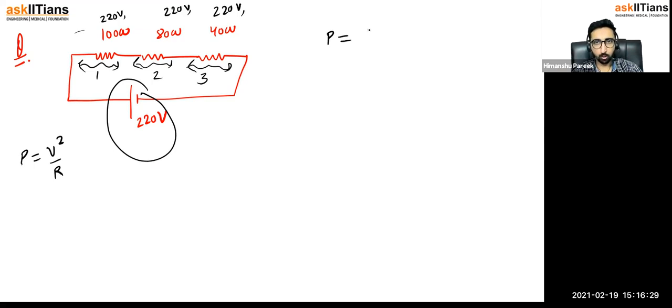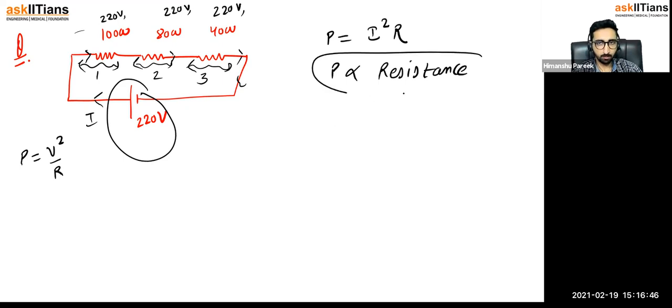Now when this energy is being supplied by the 220-volt battery, we will use the formula I square R to compare the brightness. The reason is that the current would be the same through each bulb. Same current I would flow. So power is directly proportional to the resistance in this case. If resistance is more, power would be more. So let us calculate the resistance.